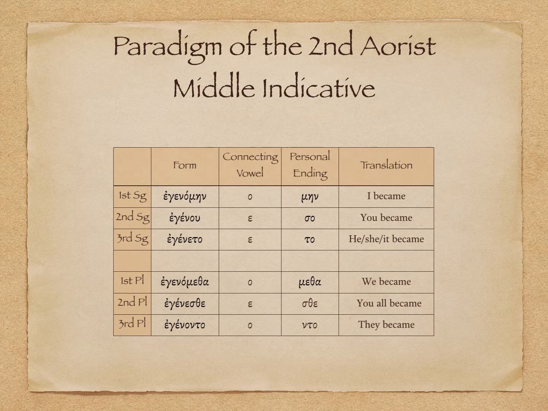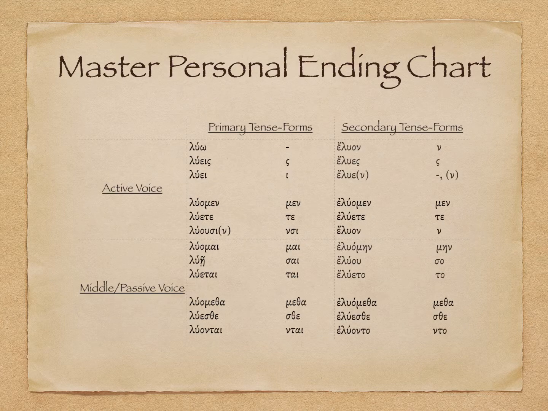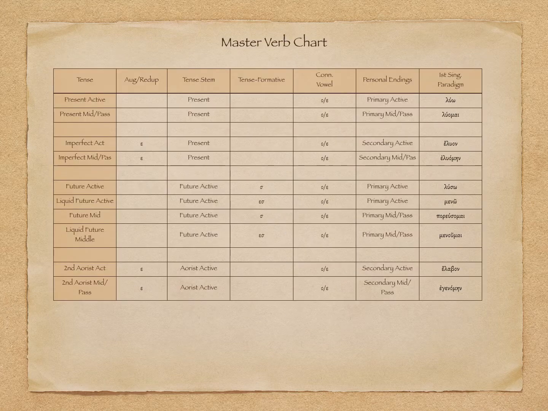Pretty basic then on the second aorist middle indicative. Again, remember the endings. Once you have memorized this chart, you will be able to read much more quickly and begin to identify verbs. Second aorist really goes pretty quickly.